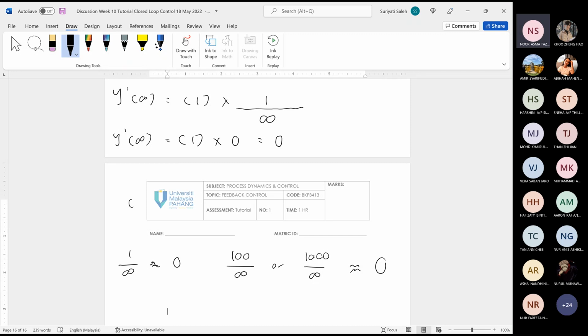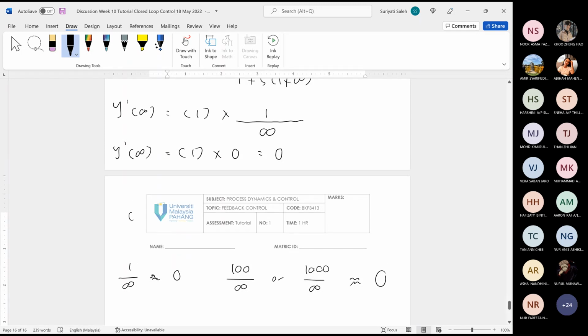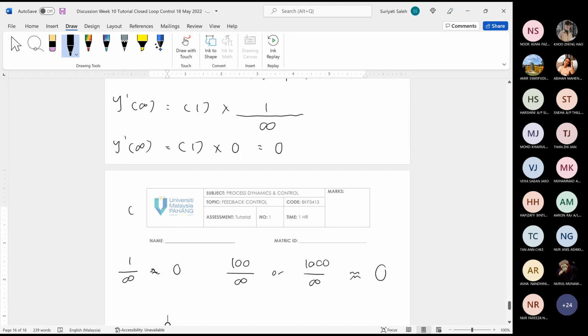Now, any other question? Can I proceed? Okay, now I proceed with the offset calculation.